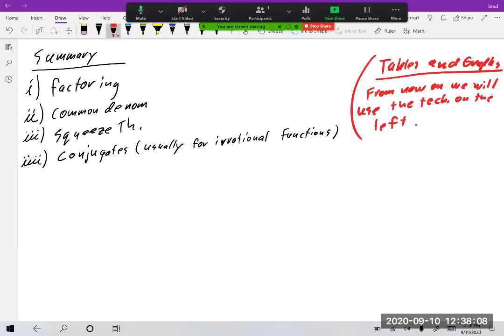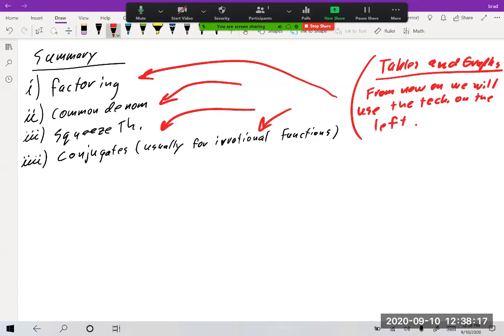So we would much prefer to be using this, or this. I don't want to use tables or graphs very often. It's important that you associate tables and graphs with limits. And it's also important that you associate factoring and these other algebraic techniques with limits as a whole. So as a whole complete thing, you want to use all of these.